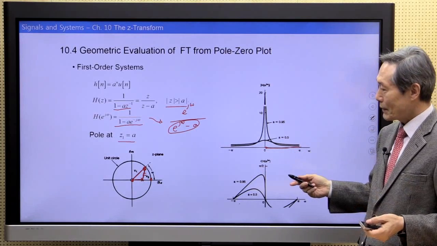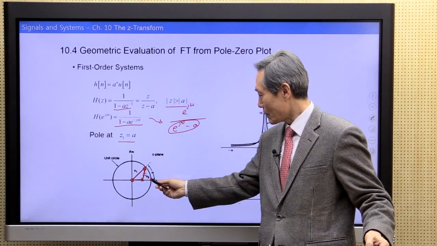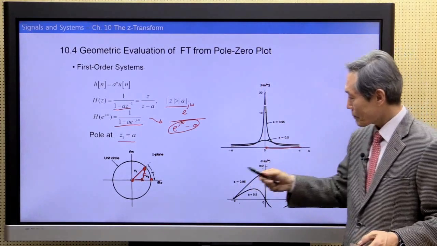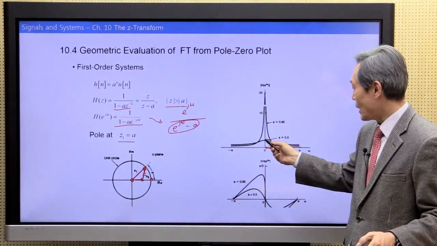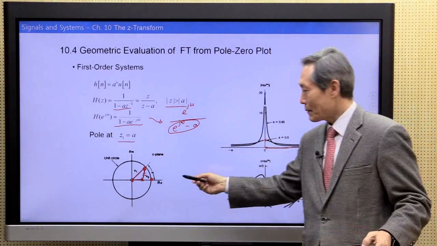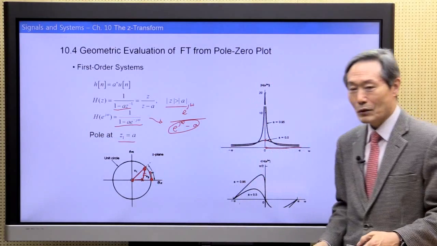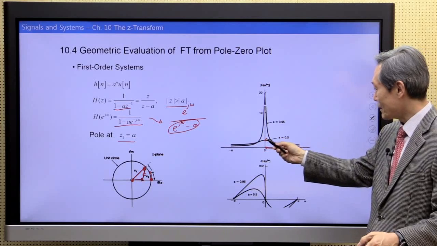For example, in this case, the pole is close to the point where omega is 0, so the inverse of that distance is somewhat large. But as it moves away from the origin, the distance becomes larger, which means the magnitude is smaller. So we get a curve like that.